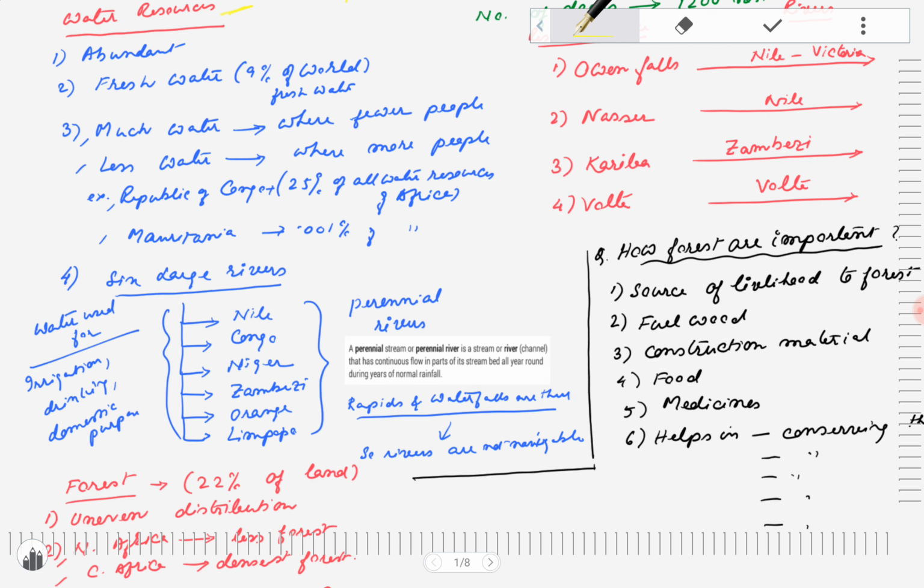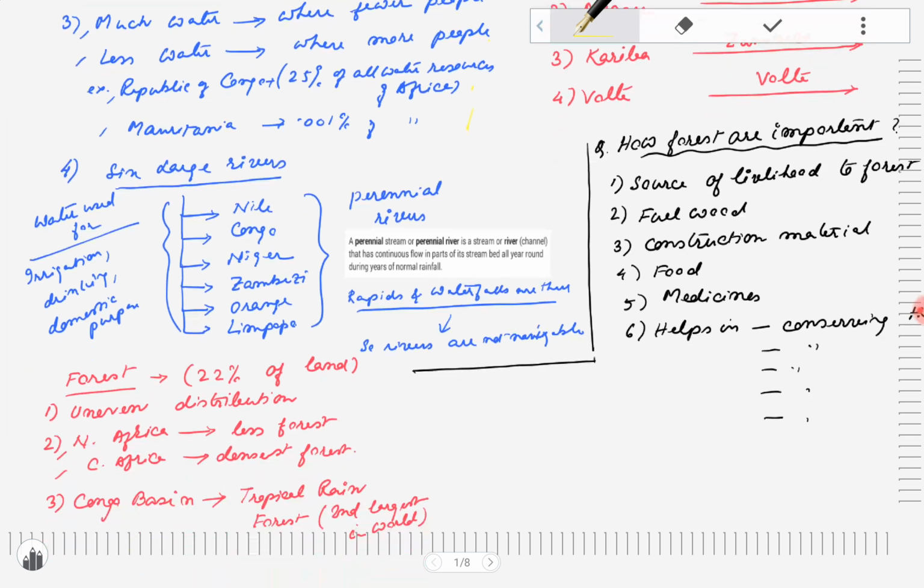Where there is much water, meaning sufficient water, there are fewer people, and less water where there are more people, except the Republic of Congo, which has 25% of all water resources of Africa, and Mauritania, which has 0.01% of all water resources of Africa.